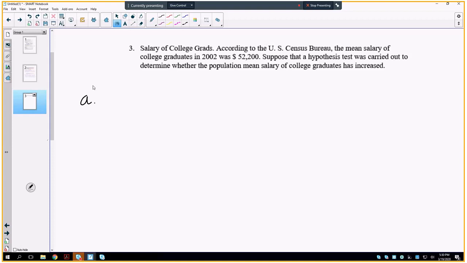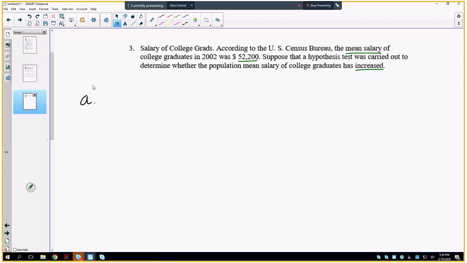Okay, so our strategy was to read the problem carefully and to try to identify information that's important. So again, I think this word increased is pretty important. That should give us some idea what kind of a test we're doing. And also this mean salary, that should be pretty important.